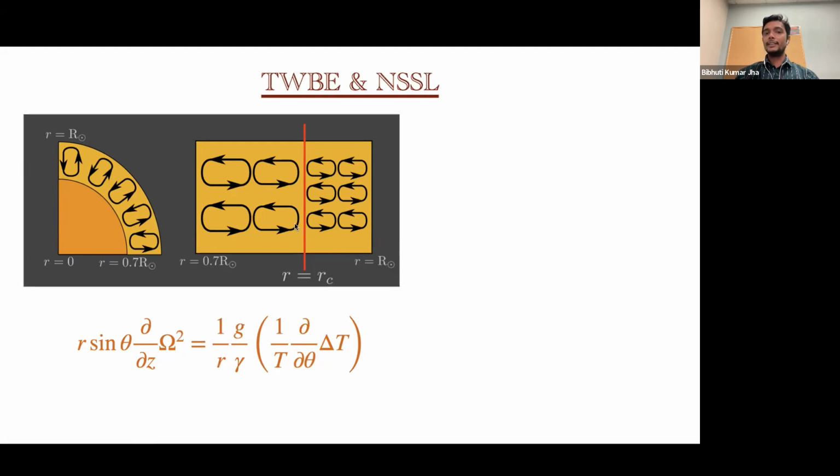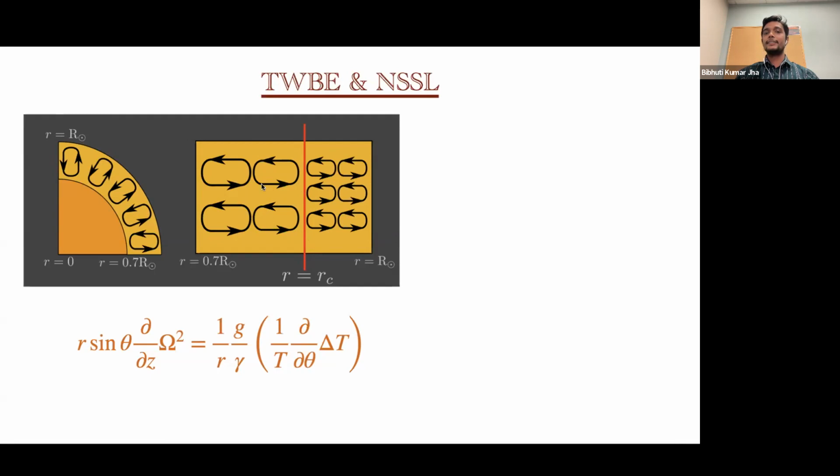Although we know that this will happen very gradually, for simplicity, let's assume that at R equal to RC, this transition is happening. So for R less than RC, we can expect the Coriolis force to affect the convection, but for R greater than RC, the convection is not affected by the Coriolis force.